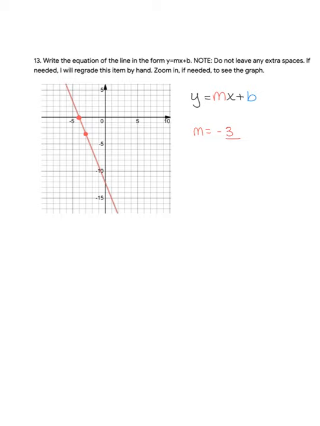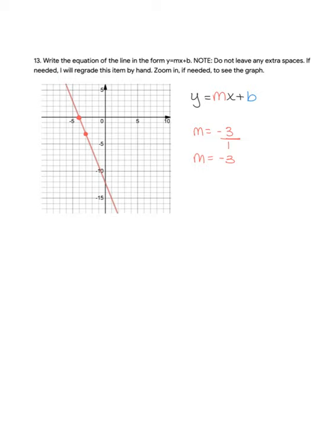Then I go from here 1 unit to the right. So my slope is going to be -3 over 1. It is my rise over my run. So m is equal to -3 because -3 divided by 1 is -3.